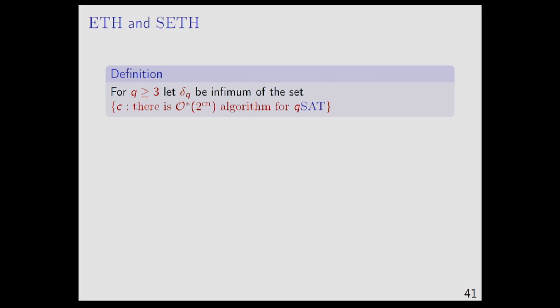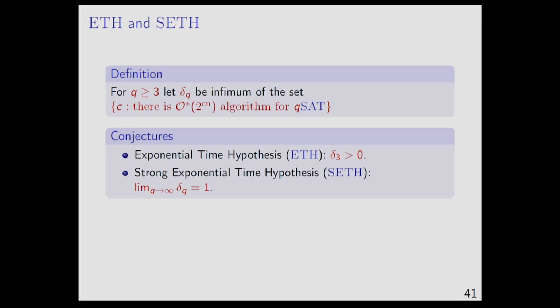So what is the definition of ETH? For q greater than or equal to 3, let delta_q be the infimum of the following set. So look at all the algorithms that can solve q-SAT in time 2 to the power c n. You take the infimum of all these c. So what does the conjecture tell? The exponential time hypothesis tells us that delta_3 is strictly greater than 0.